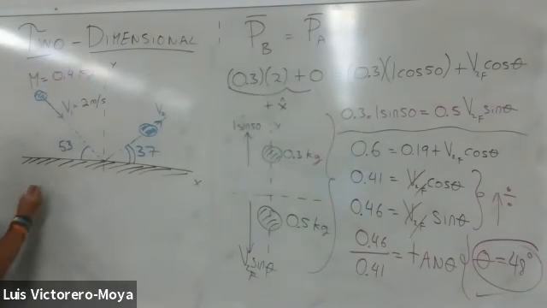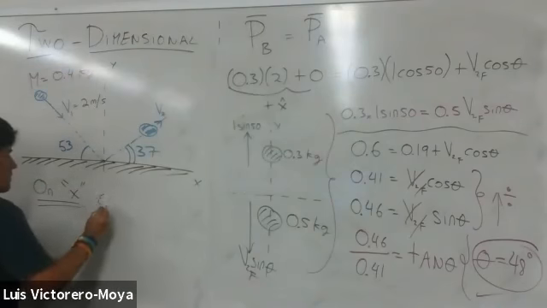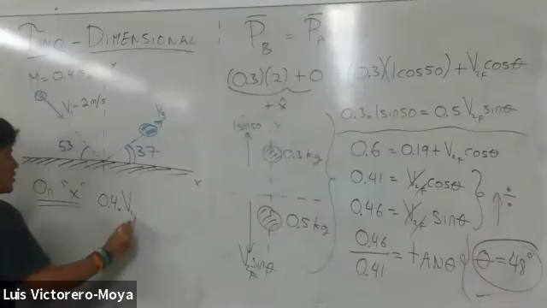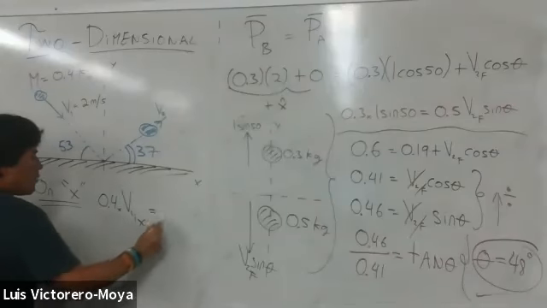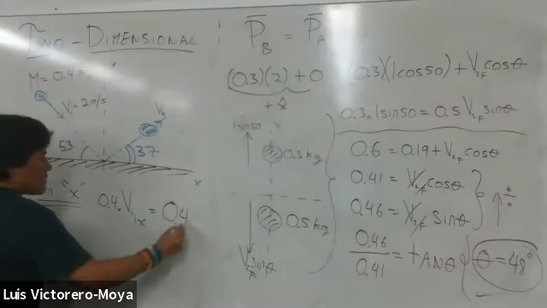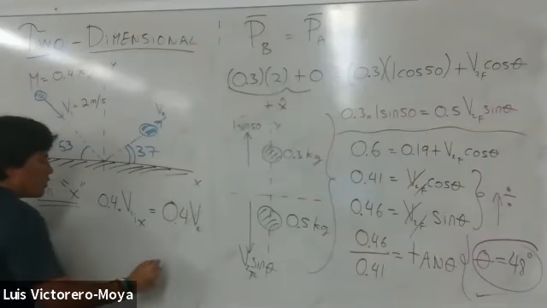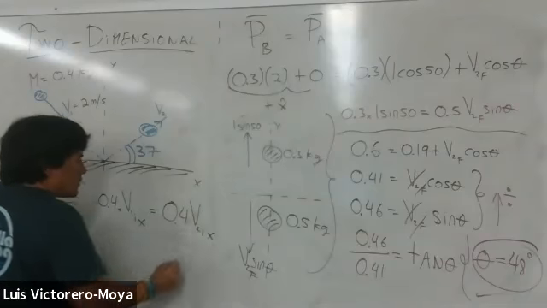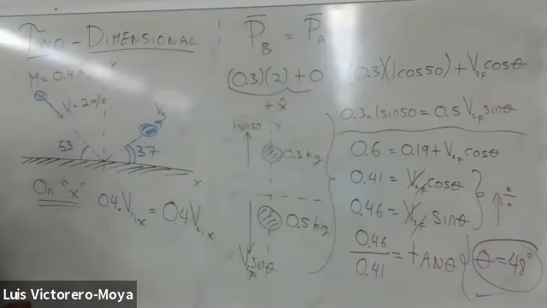On X, mass times V1 initial on X equals mass times V2 on X. So you may not even need V1.